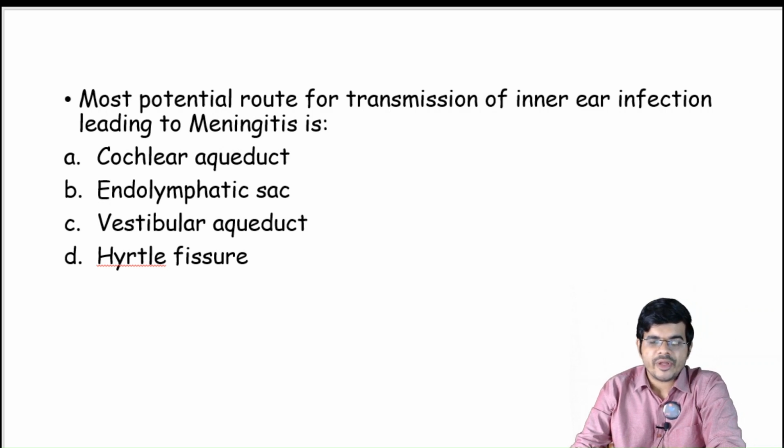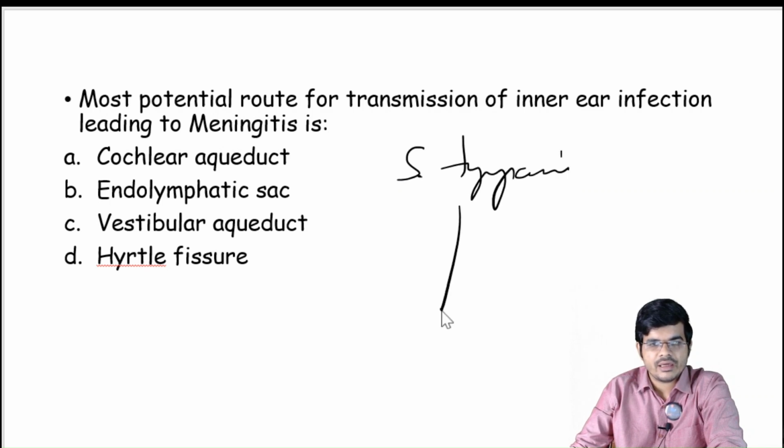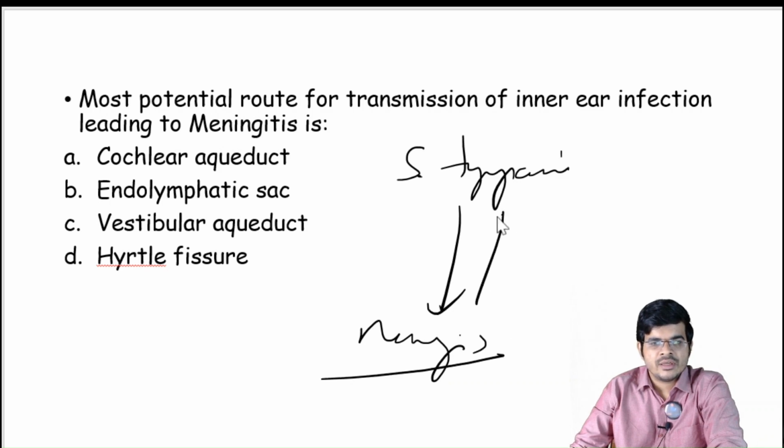Because of this communication via the cochlear aqueduct between the scala tympani and the meninges, the spread of infection can occur from the inner ear to the meninges, and can result in meningitis, or meningitis can in turn result in labyrinthitis, and this can cause labyrinthitis ossificans.